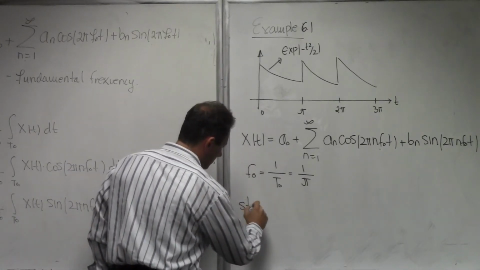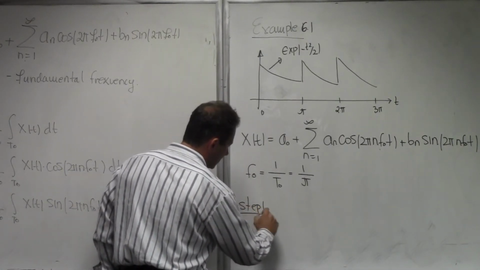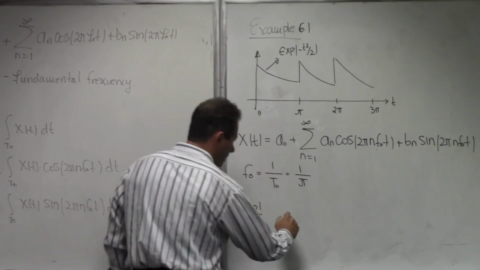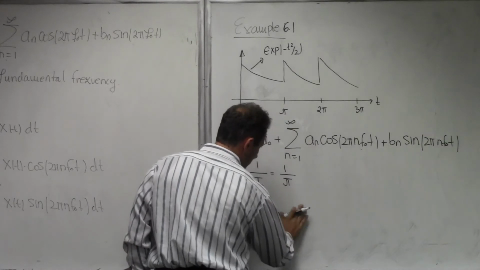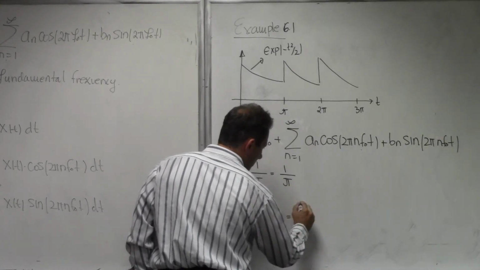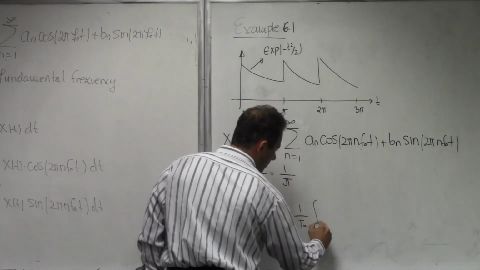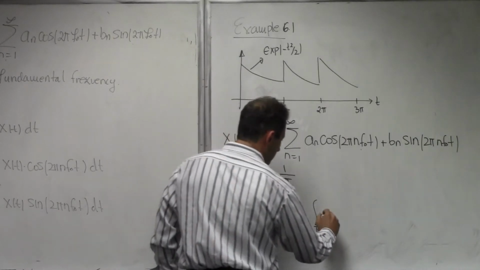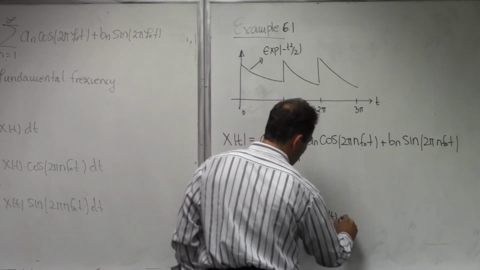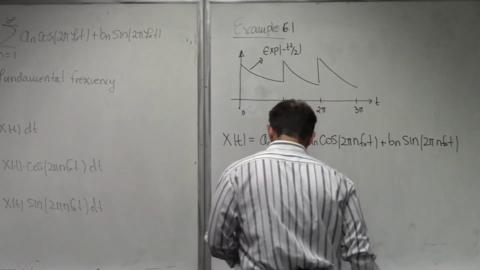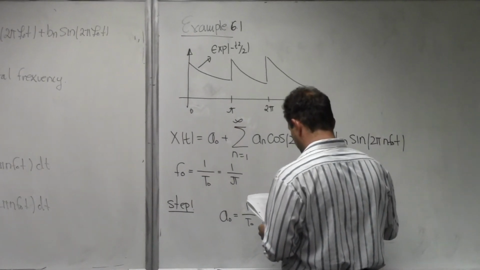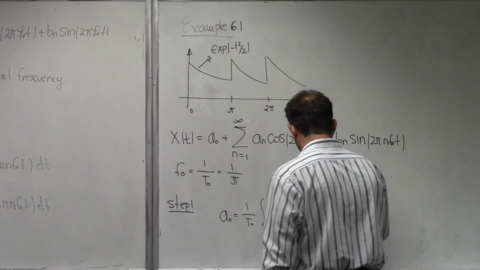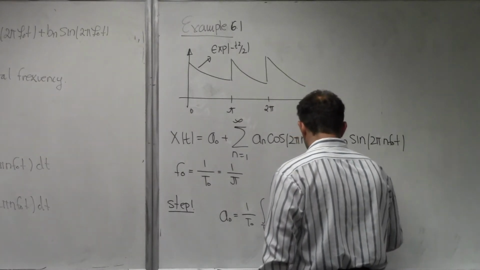And then we go through the steps. Step 1 is always going to be calculation of A0. The formula says this is 1 over period T0, integral over period times x of t dt. In this case, this becomes 1 over pi integral.